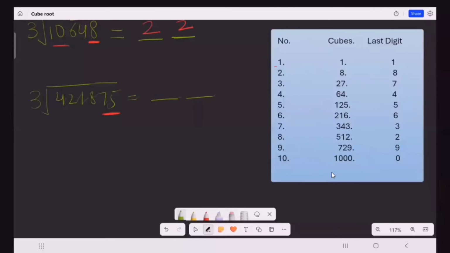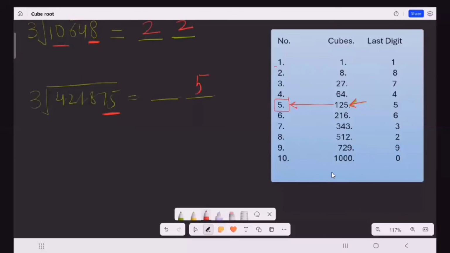Now find where this unit digit lies in our cube column. 125 ends in 5, so the corresponding number of 125 is 5. So this is our number. I'm going to plug in 5 in the units place.